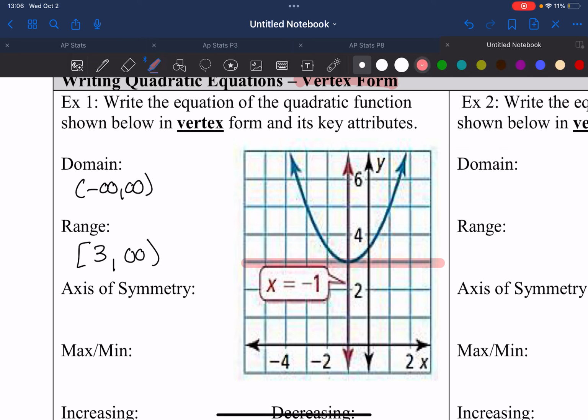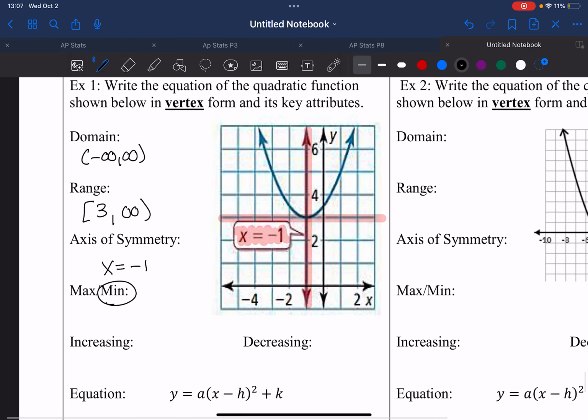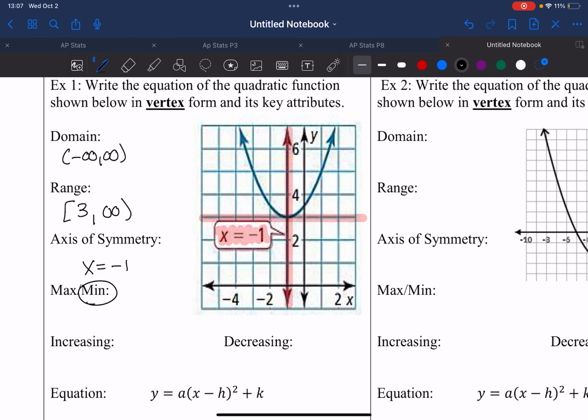Our axis of symmetry is this red line here, and they give us the equation for that, which is x is equal to -1. Looking at our parabola, our vertex is at the bottom, so that tells us we have a minimum value. And then the increasing and decreasing part is something new to you.